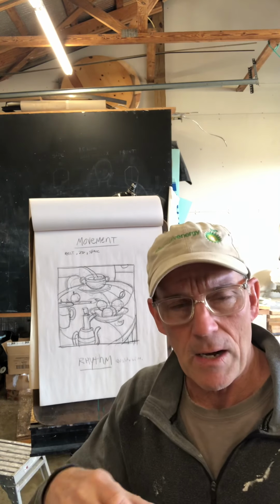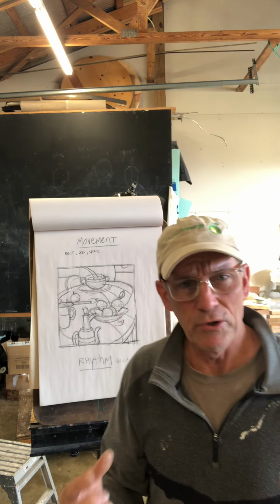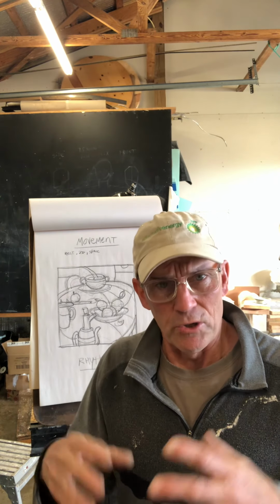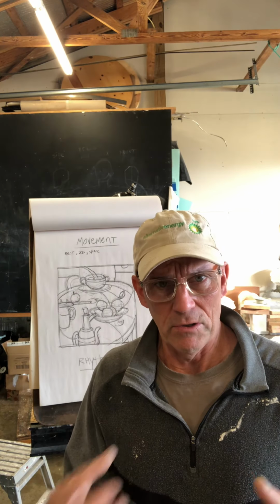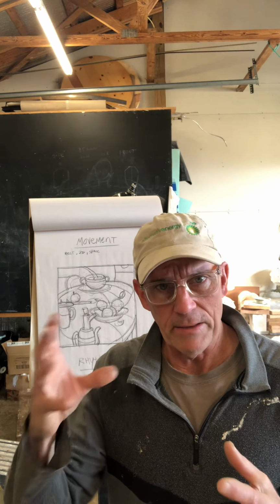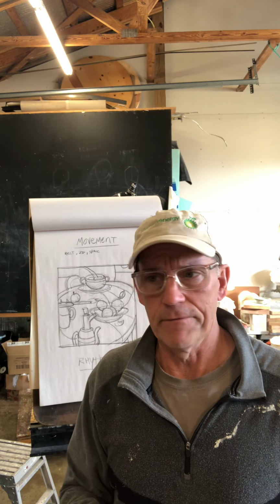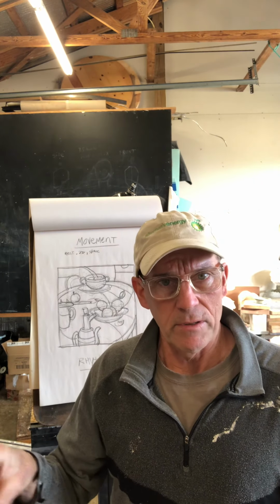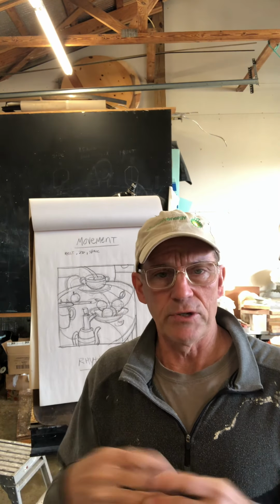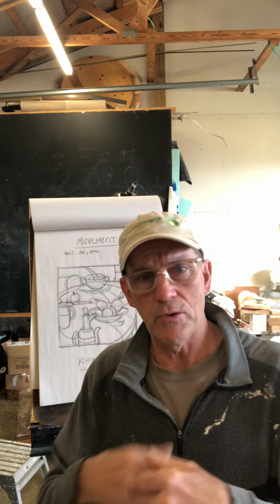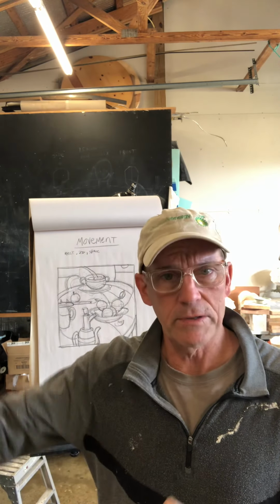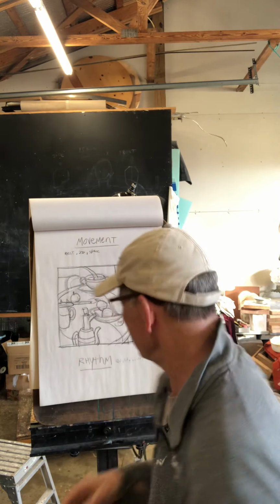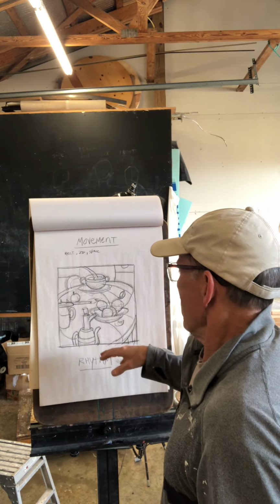So it really depends on you being able to translate the object into a formal idea that has a particular kind of direction to it. So things are not just things, they're things that point or curve us or move us in a particular way. So that's movement.